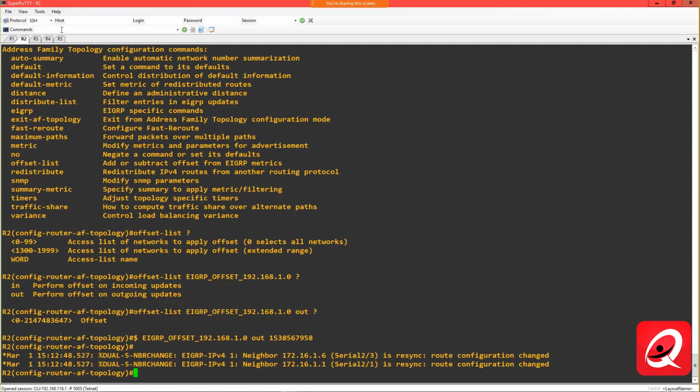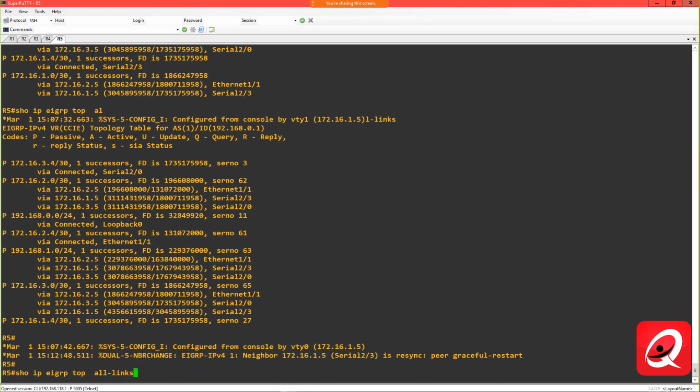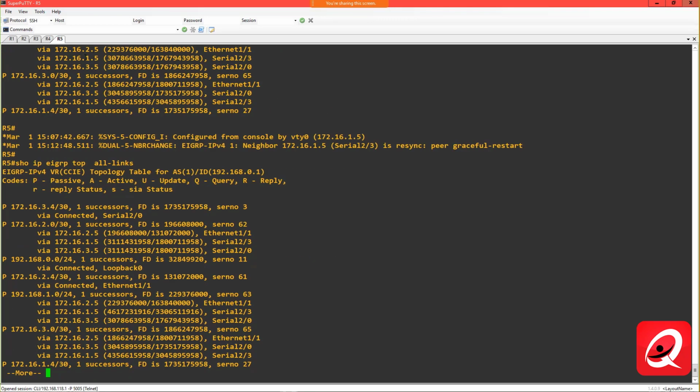But the question I have, let me see what that looks like in the topology table here. I believe it would actually add to that value instead of subtracting from that value. So that's not going to work for us. That would make the metric worse, right?